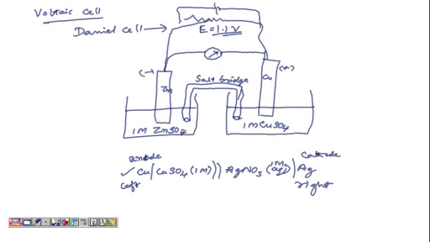We are generating 1.1 volt, so if you pass 1.1 volt in the opposite direction, what will happen? As long as the external applied voltage is less than 1.1 volt, the electrons will flow in the opposite direction, from the zinc electrode to the copper electrode, and the current will be in the opposite direction.